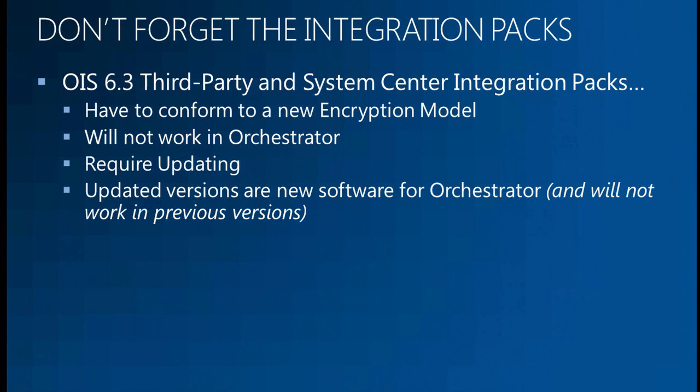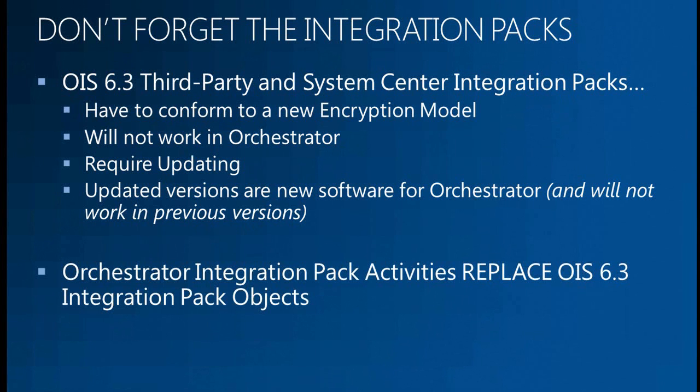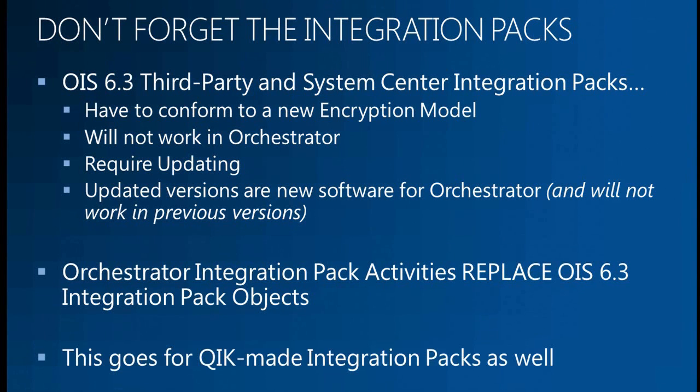If you hit something like an unknown object for the PowerShell IP or the standard logging IP, it's because you leveraged one of the versions that was created brand new and not upgraded. But now both are available. Orchestrator integration pack activities replace OIS 6.3 integration pack objects.